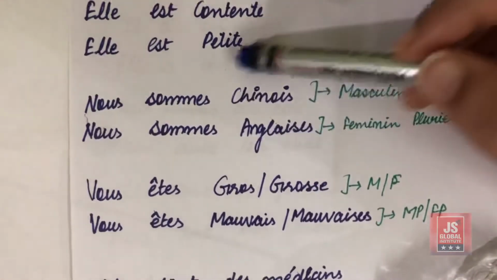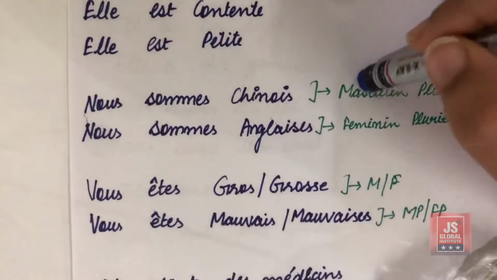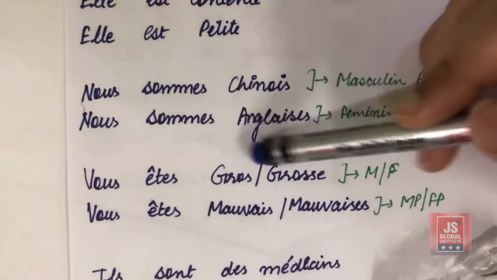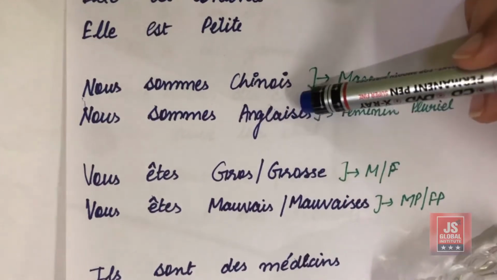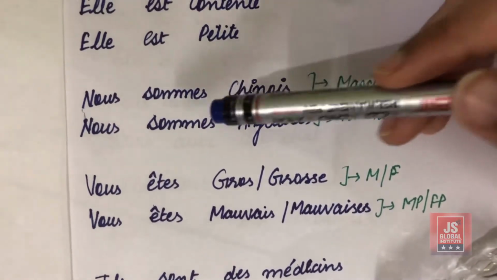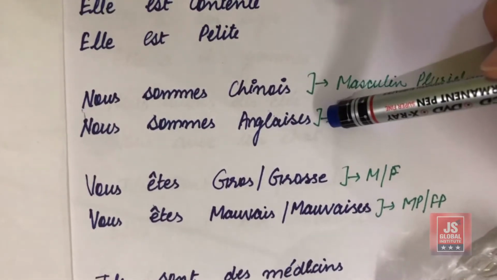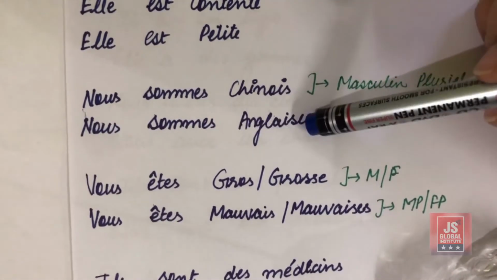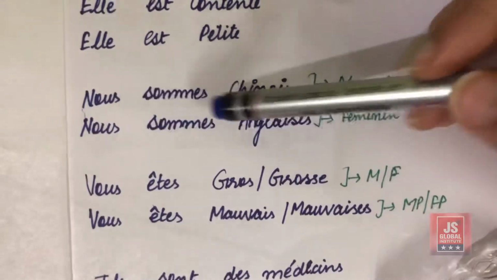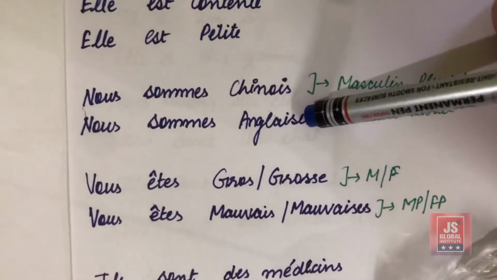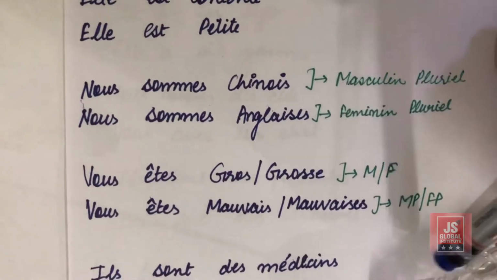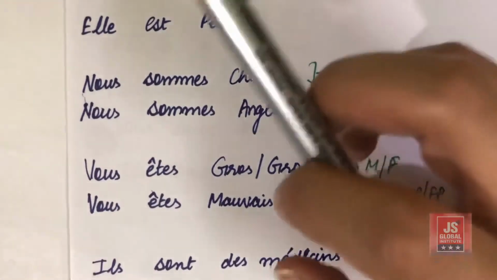We are using the adjective according to the masculine plural. Okay, but in case I am talking about all the female gender here and I am saying that we are from England, or we are from Britain, we are British. So this is nous sommes anglais. Okay, nous sommes anglais.